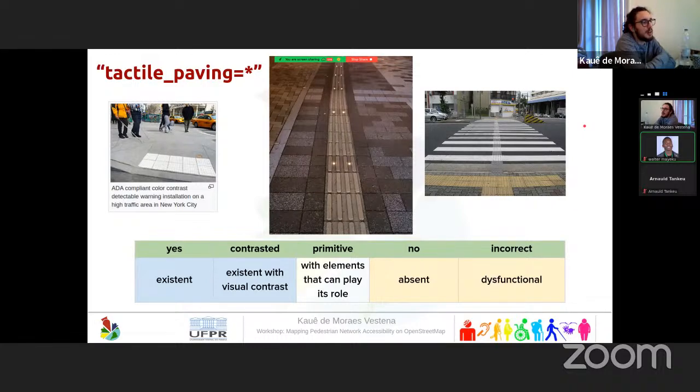Generally you have the two values that matter the most: yes, to say it exists, or no, it doesn't exist. There's also incorrect, and there's also contrasted, like this one, because some people don't have a full degree of visual impairment, so they can still see contrast. So it's even better when you have contrast. That would be helpful, okay.